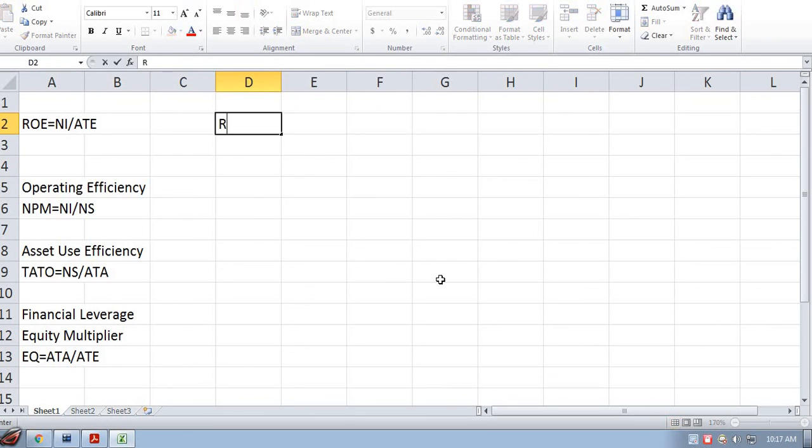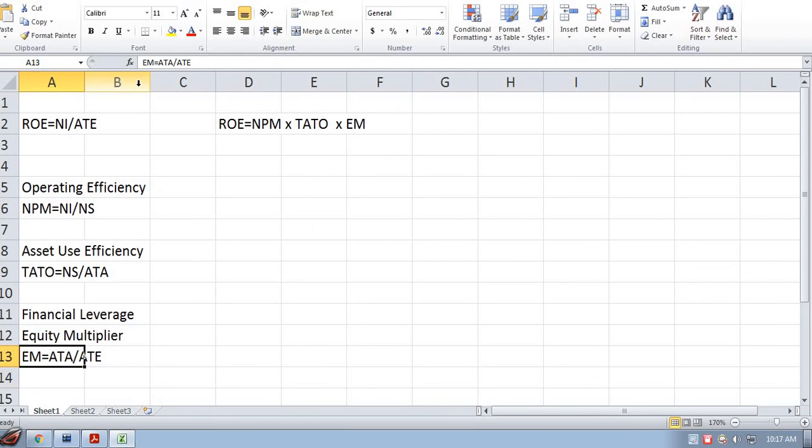So, ROE is equal to net profit margin times total asset turnover, the second indicator, and times the last indicator, the equity multiplier. Bakit EQ ito? Sorry. This should be EM. Okay, equity multiplier. Okay, compare natin tong dalawa. 'Di ba? This is what we've learned in lesson 2 and this is based on the DuPont equation.